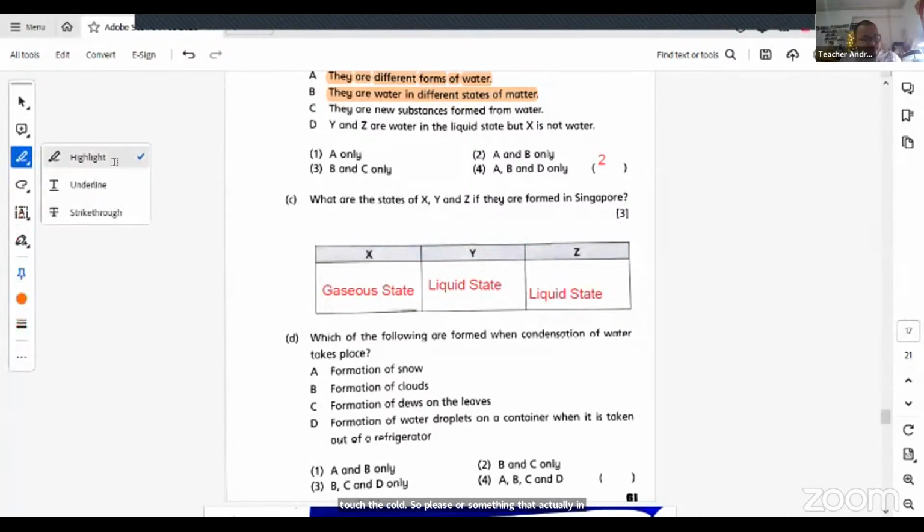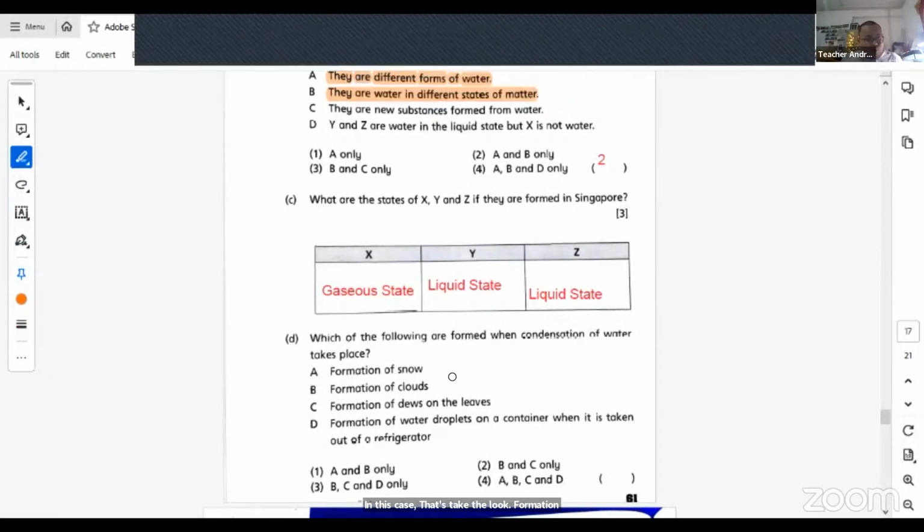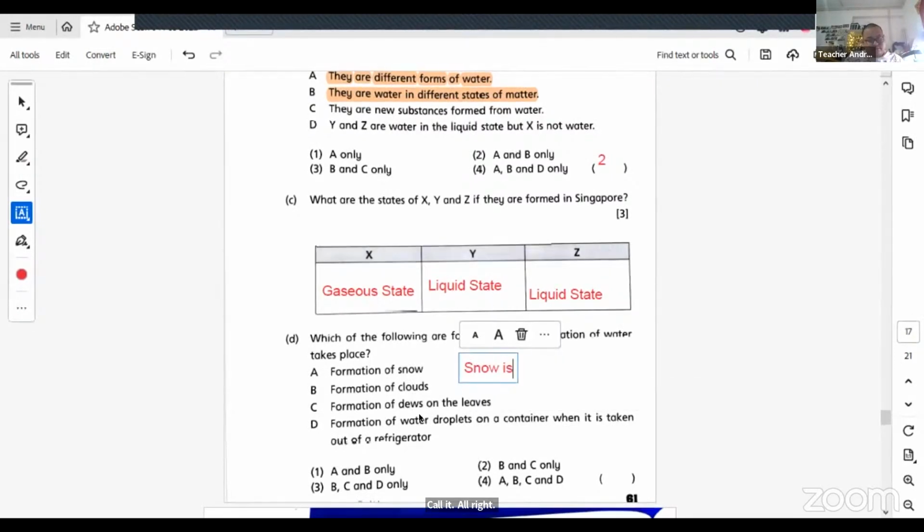Let's take a look. Formation of snow. Snow is a solid, so snow is water in solid state.